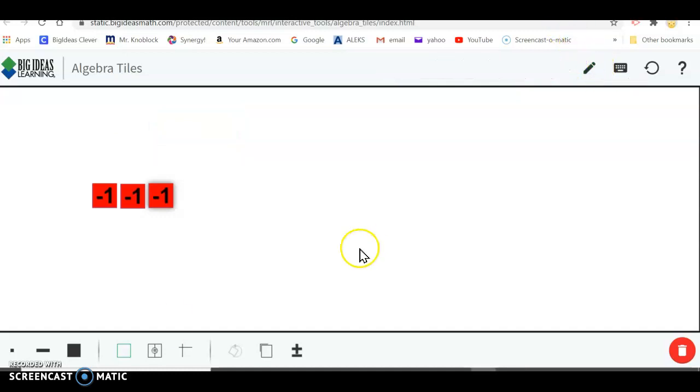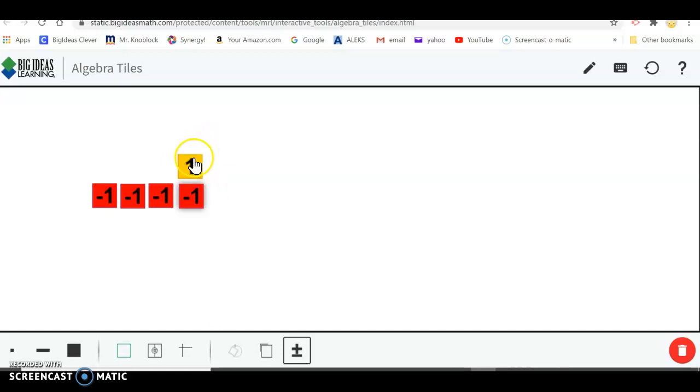So, a 0 pair, remember, is a positive 1 and a negative 1. Let me change that to negative. So that right there is a 0 pair. If that is a 0 pair, it doesn't add anything to it, right? These would cancel, and I still have negative 3. So if I put that 0 pair there, can I now take away one of the positives?